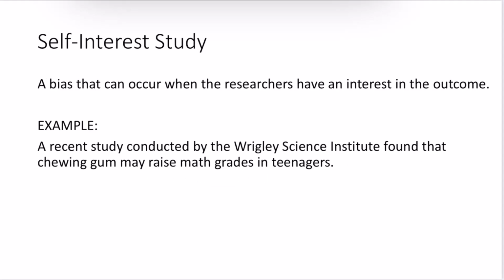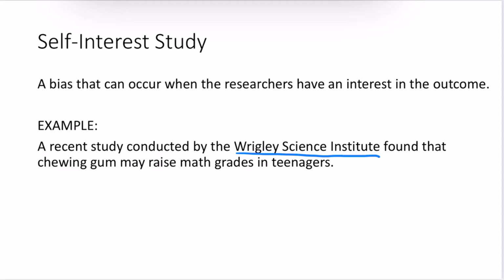Another type of bias that can occur is when the researchers have an interest in the outcome. An example of this is a recent study done by the Wrigley Science Institute that found that chewing gum may raise math grades in teenagers. But if you think about who's doing the research here, Wrigley is one of the biggest gum companies in the world. And so that's very convenient that they found a result that says that chewing gum may raise math grades in teenagers.